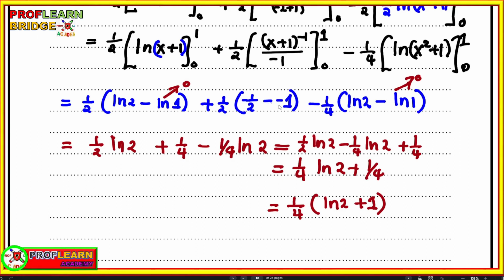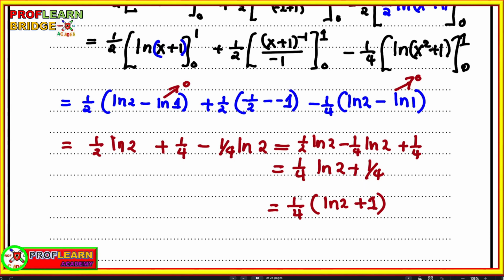And this part is going to become positive, because 1 minus a half is going to be a half, times a half is going to be 1 over 4. And in this section here, ln 1 is going to be 0. So we're going to have 1 over 4 ln of 2, and then 1 over 4 ln of 2, which is going to simplify to 1 over 4 ln of 2 plus 1 over 4.